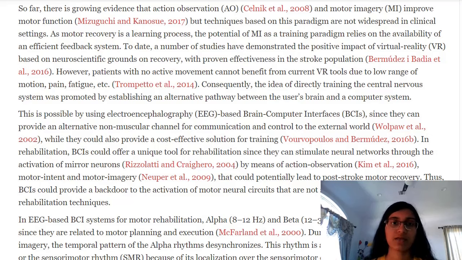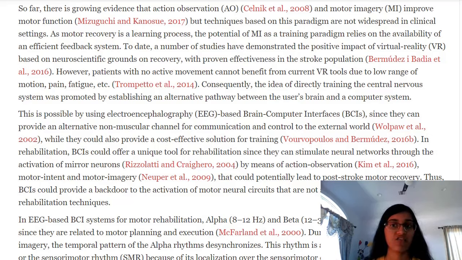But they also go on to say that patients without active movement cannot benefit from current VR tools due to low range of motion, pain, fatigue, etc. So although it has the potential to work in the stroke population, there are some people who may not be able to benefit from these tools, because using VR does require some movement.